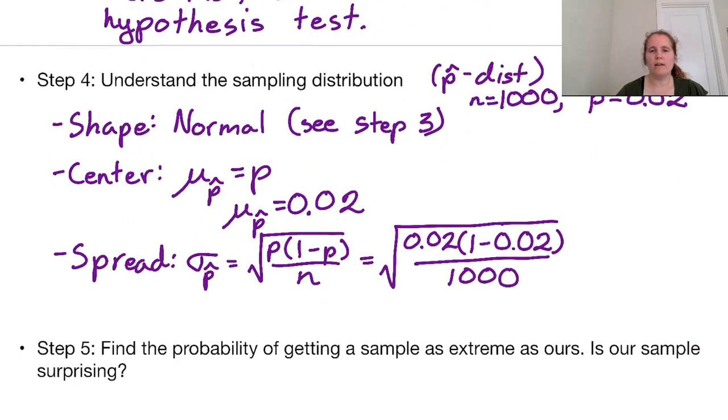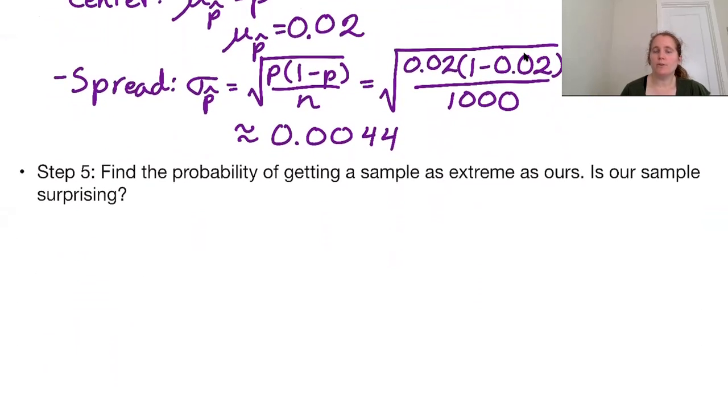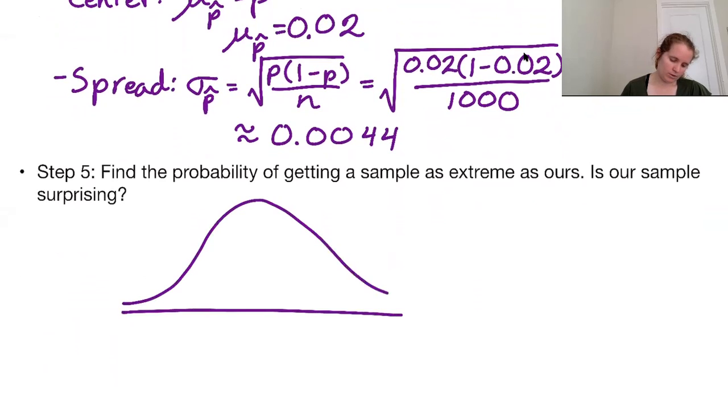And if we plug that into a calculator, we wind up getting approximately 0.0044. From here, we know our shape, center, and spread. Our job is to figure out the probability of getting a sample as extreme as ours and see if our sample is surprising. So we are looking at a normal distribution centered at 0.02.